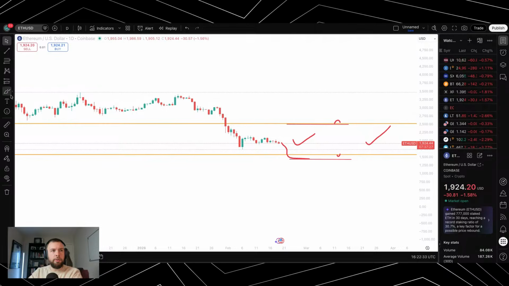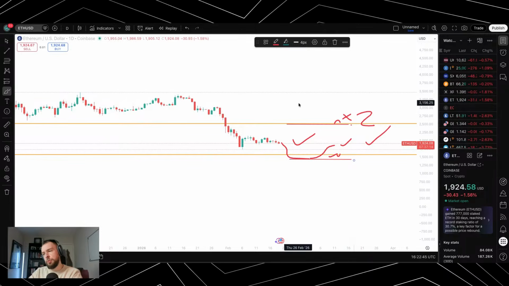So then when it's here, you're earning, but then if it goes back up, then you're earning x2 because you've got this pool and this pool. Two separate pools within the same range. Once it goes back up, earning.